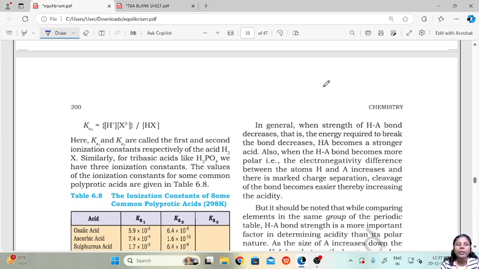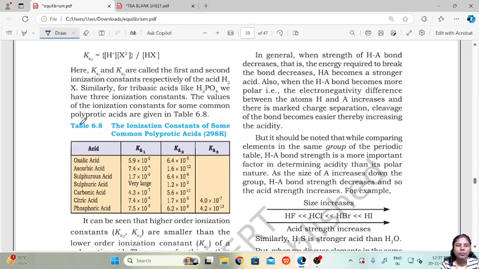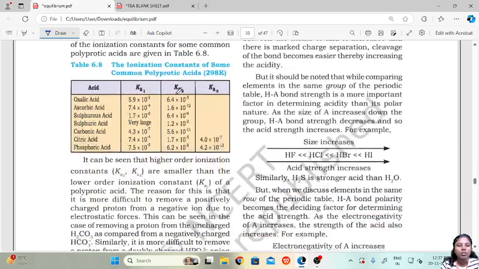So we end up getting 2 ionization constants, first and second, of the acid H2X. Similarly, for a tribasic acid like H3PO4, we are going to have how many? 3 ionization constants, because here we have 3 ionizable protons, correct?